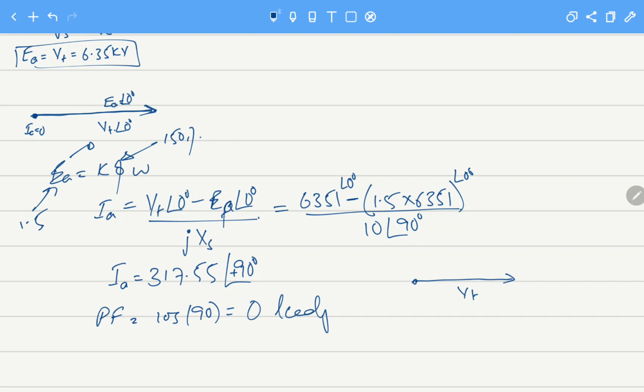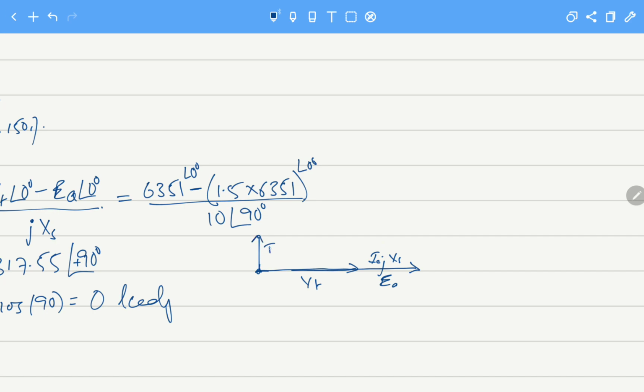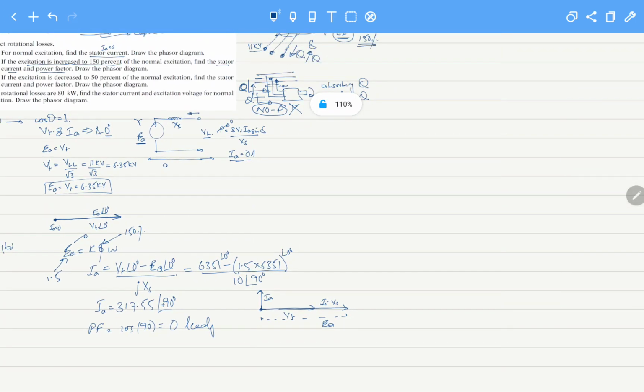Ea, sorry, I wrote Ef, this is actually Ea. The value of Ea has increased. This will be like this. Ea, this is actually Ia jXs, and this is the current Ia. And this vector from here up to here is Ea.